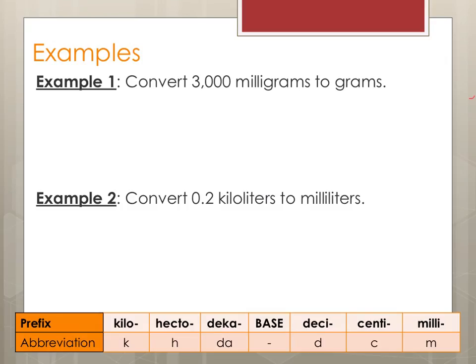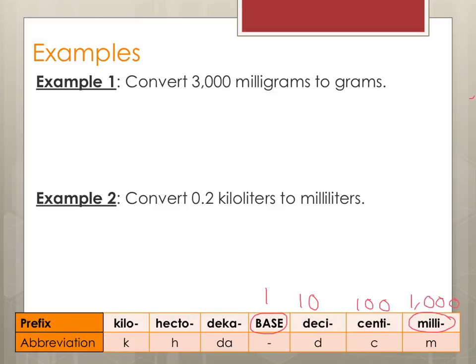Now let's use that new method in action. For that first example, convert 3,000 milligrams to grams. So our starting points are going to be grams and milligrams. Okay, the grams, the base is 1, then we have 10, 100, and then 1,000.